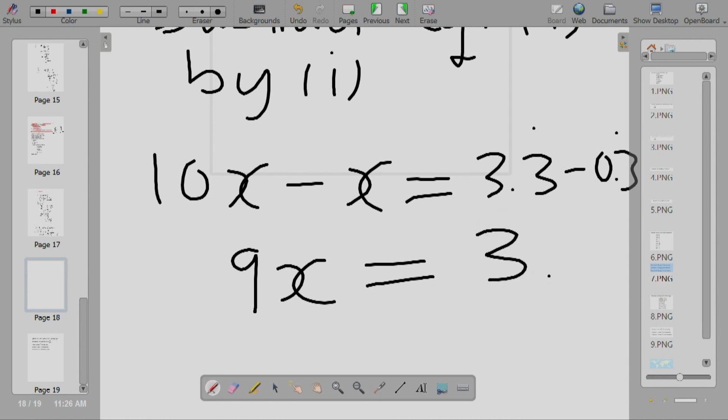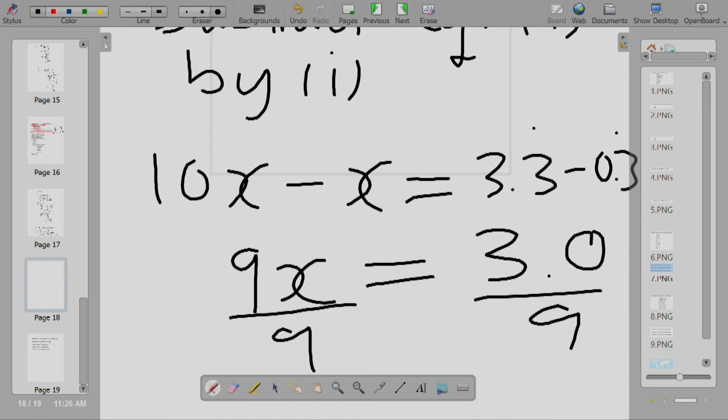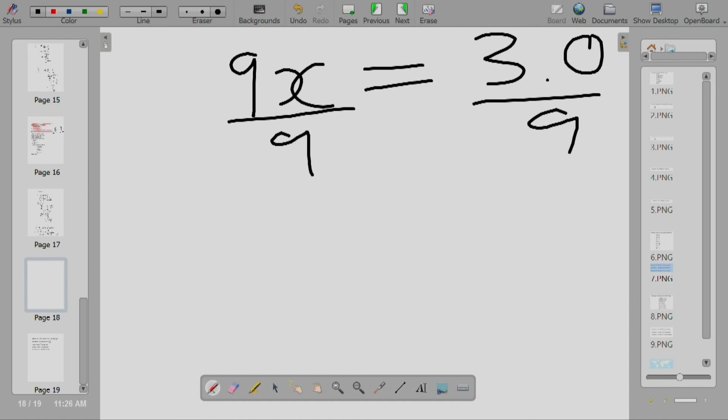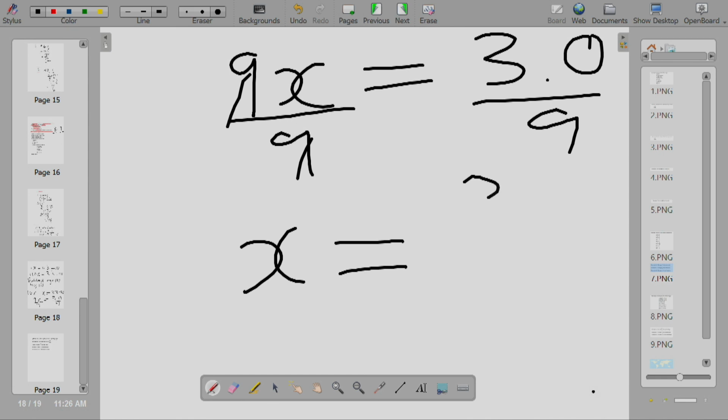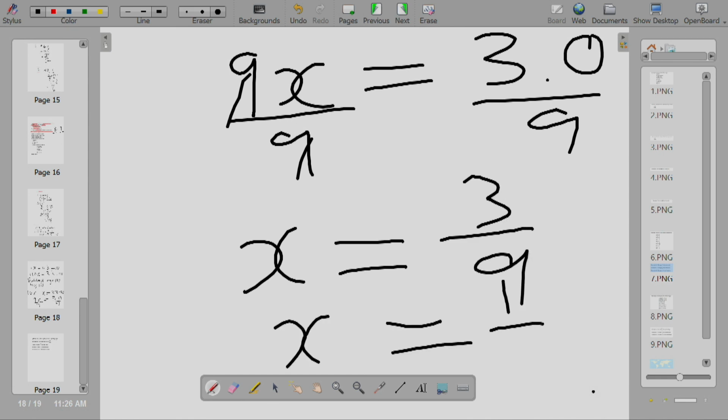So 3.3 dot minus 0.3 dot equals 3, since the recurring parts cancel and 3 minus 0 equals 3. So we will get 9x equal to 3. To find x, let's divide by 9. So we'll get x equal to 3 over 9, so x will be equal to 1 over 3.